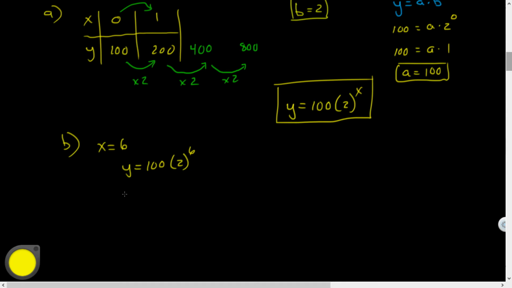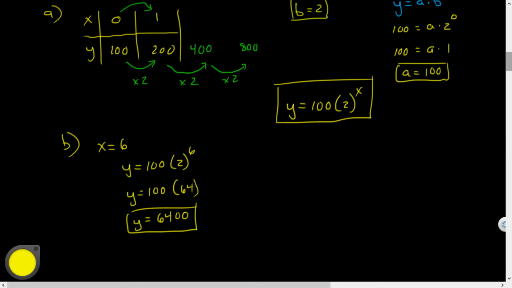Let me figure out 2 to the 6th first, so I can do this piecemeal a little bit. So that's 100 times 64. 2 to the 6th is 64. So y is equal to 6,400. So in 6 days, this population is 6,400.